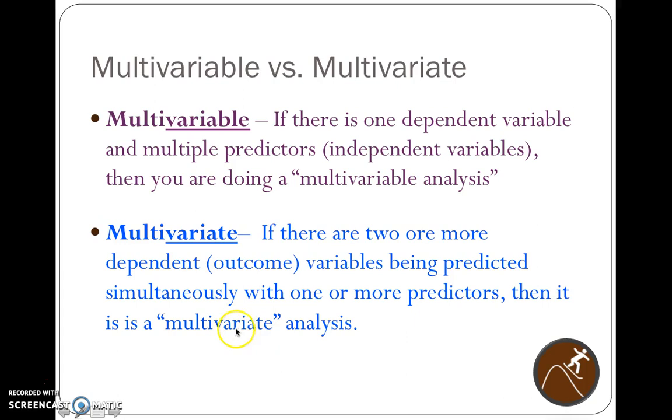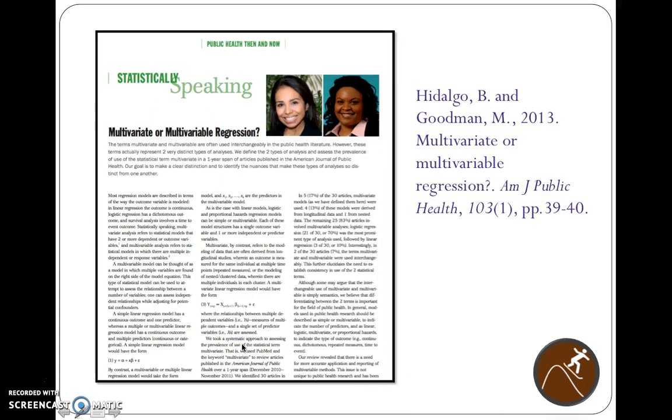You may hear the term multivariate used more often than it probably should, and I'm not the only one who has that opinion. This article was from 2013 in the American Journal of Public Health, and it really puts a spotlight on multivariate versus multivariable statistical analyses.